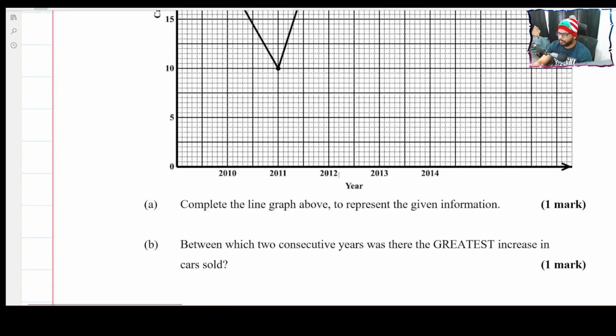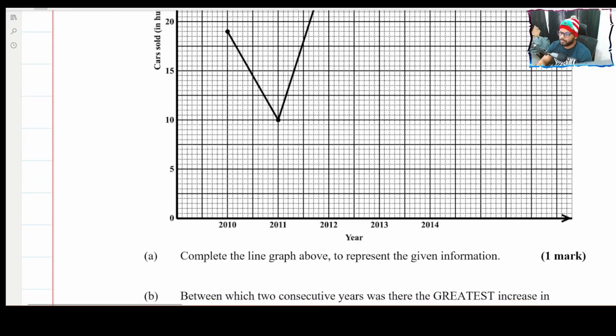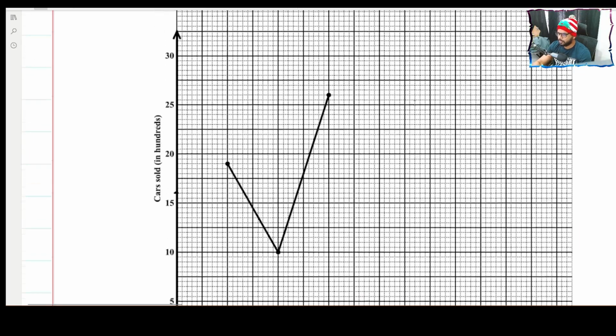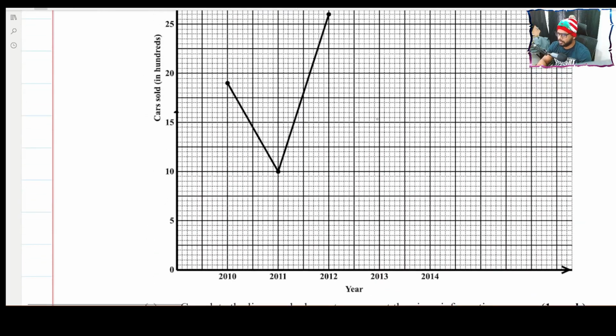So right now we have up to 2012. In 2013 we're looking at 16. So I'm looking at 15, and every 2 dashes is 1. This year is going to be 16. So I'll go across in 2013, yeah, in 2013 that corresponds to 16. So in 2013 this is 15, this is 16 here.